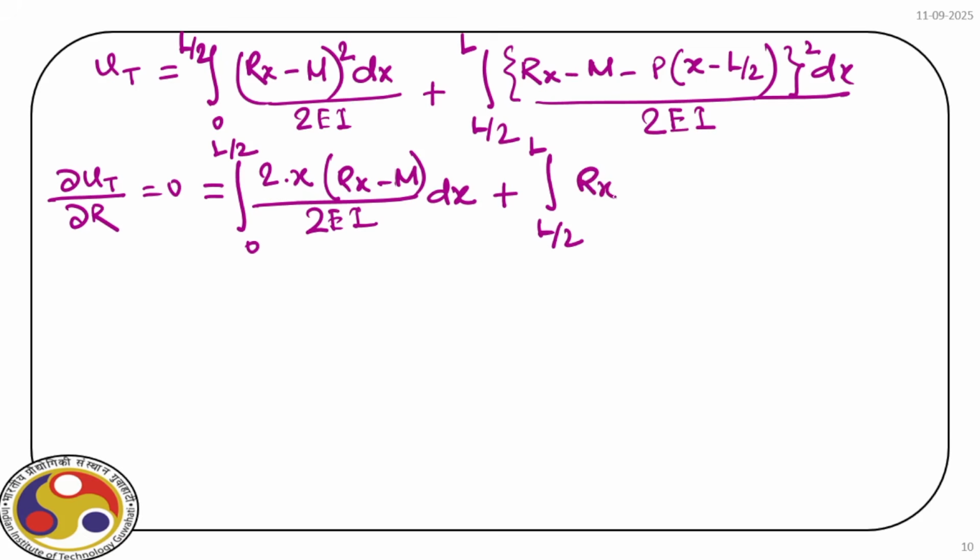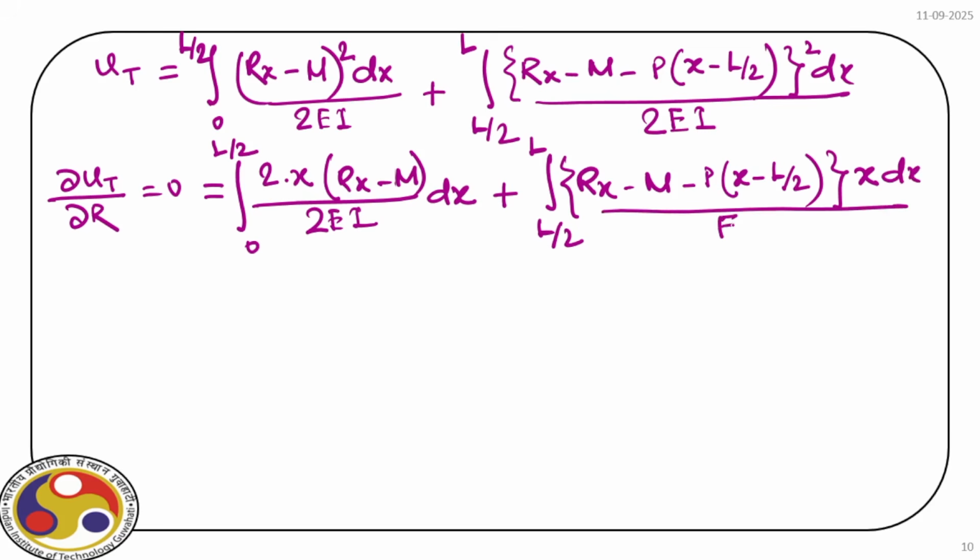So we have Rx minus M minus P times x minus L by 2, times obviously the derivative of this second bracketed term with respect to R, and we get x here, dx divided by EI is equal to 0.